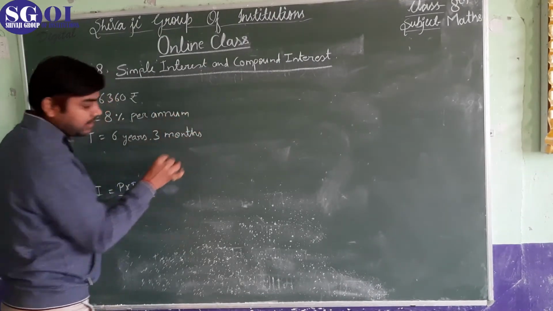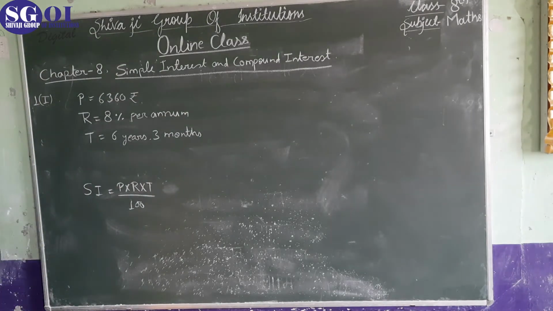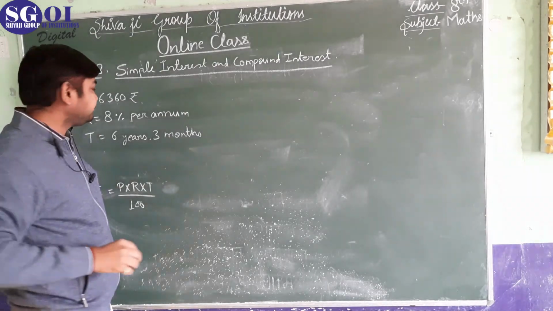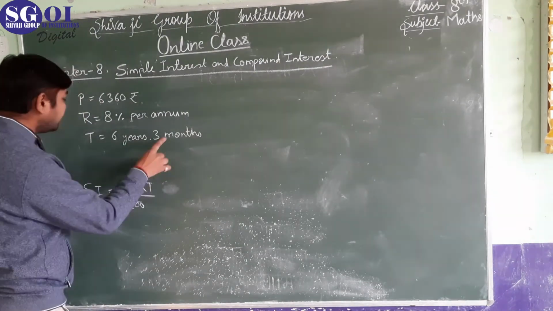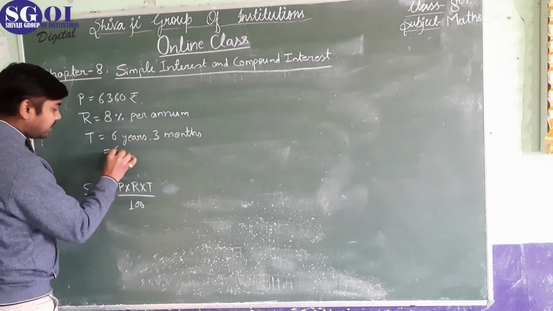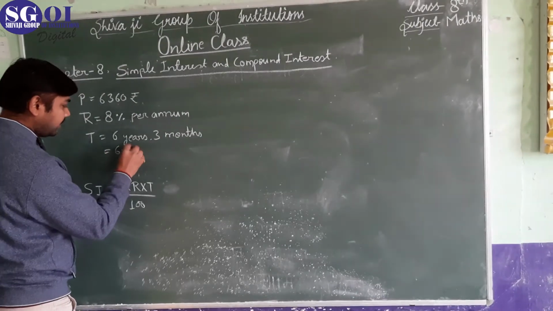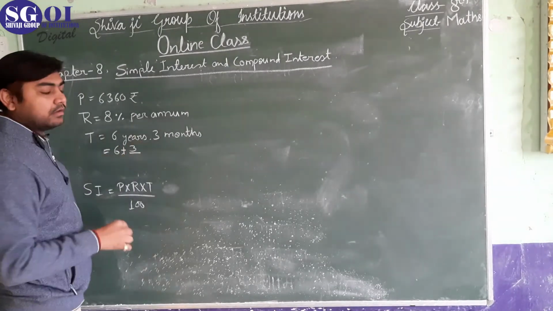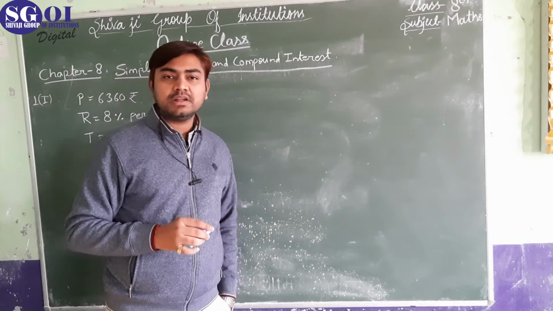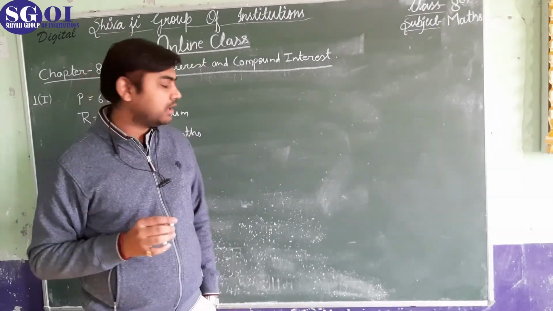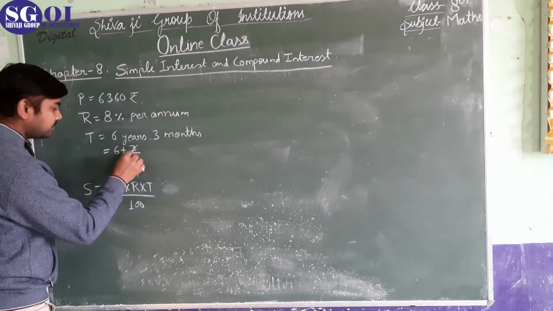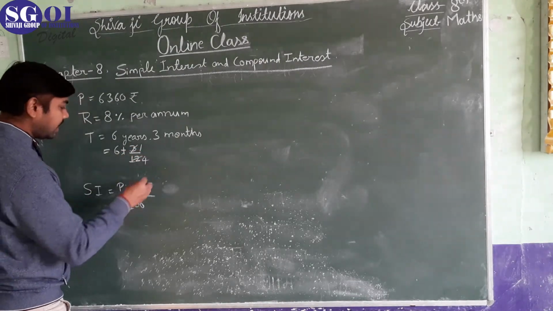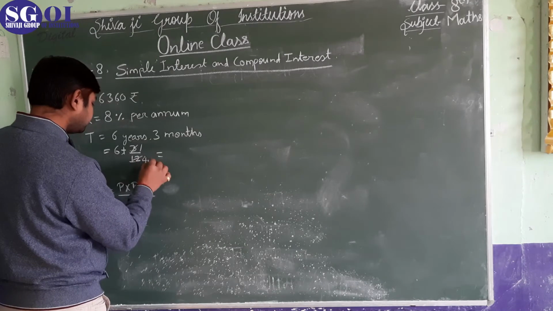So 6 years, no problem. 6 plus 3 months. In 1 year, there are 12 months. So it will be 3 upon 12.